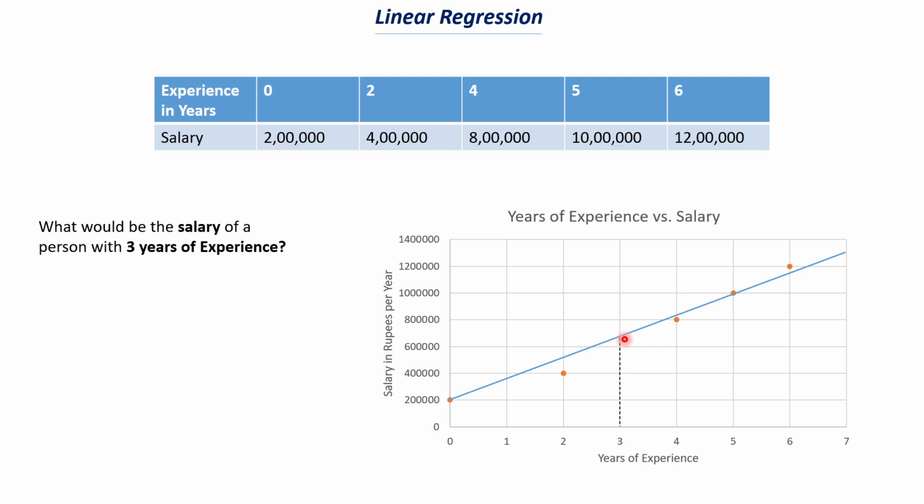This is the point where it meets the line. If you find the corresponding y value, it will be around 6,50,000 per year. So based on this data, we can say that a person with 3 years of experience will make a salary of about 6,50,000.